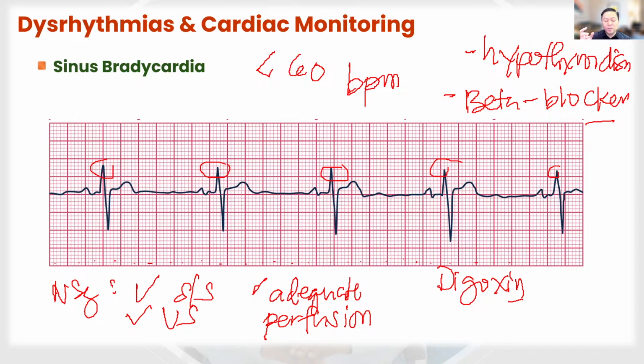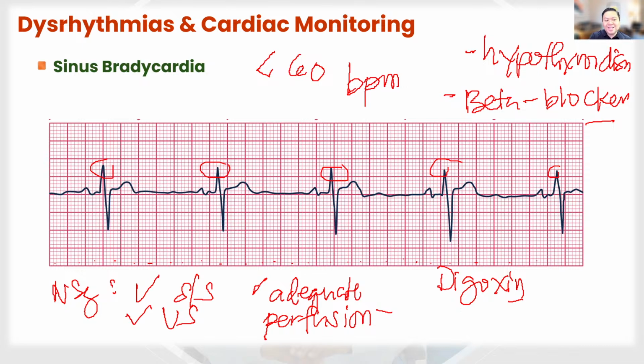The heart will no longer be able to produce an adequate amount of cardiac output to supply the body organs. So make sure that we are checking adequate tissue perfusion.